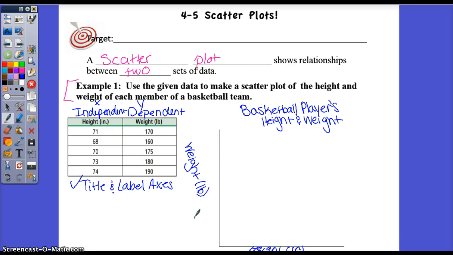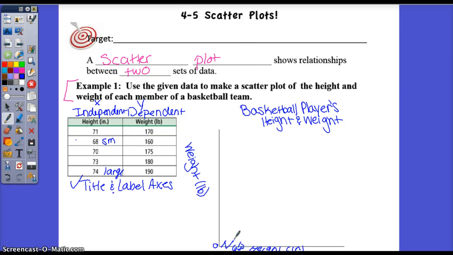Now, let's look at our height. Our smallest value is 68, and our largest is 74. Now, if I would start at 0 and go to 68, that'd be kind of hard. So what you can do is put your 0 here, put a break in the graph, and then start at 68.